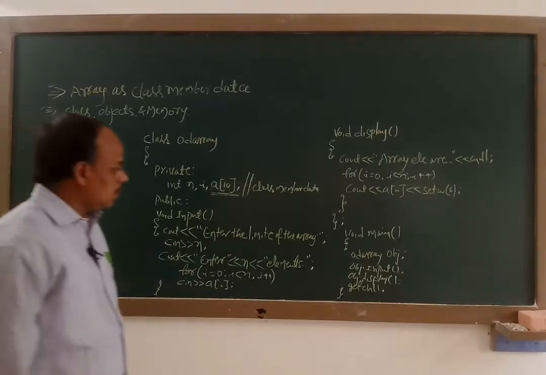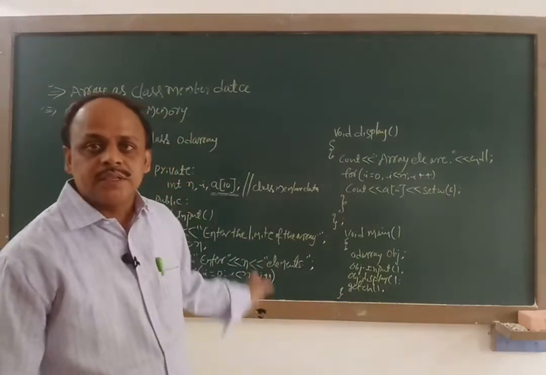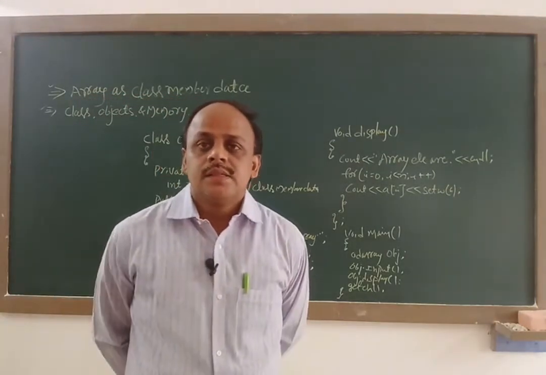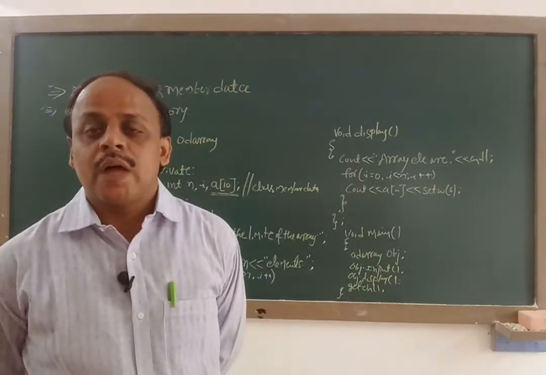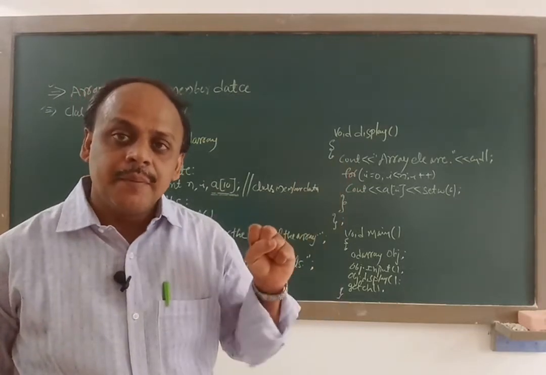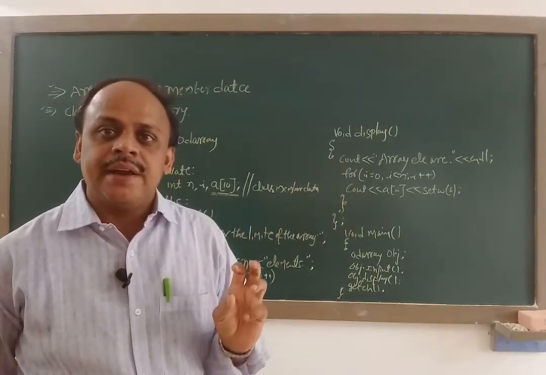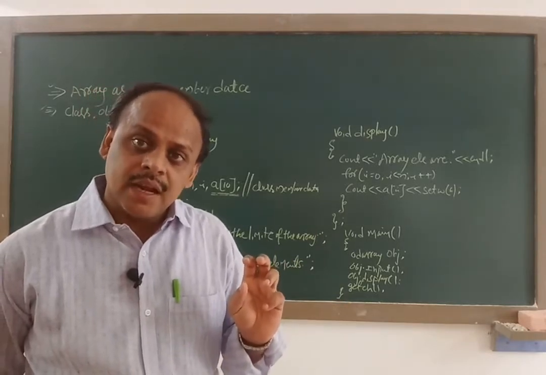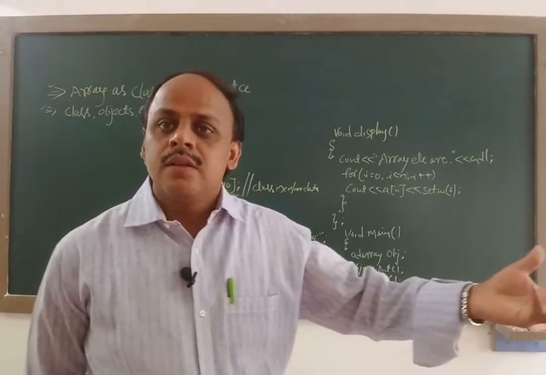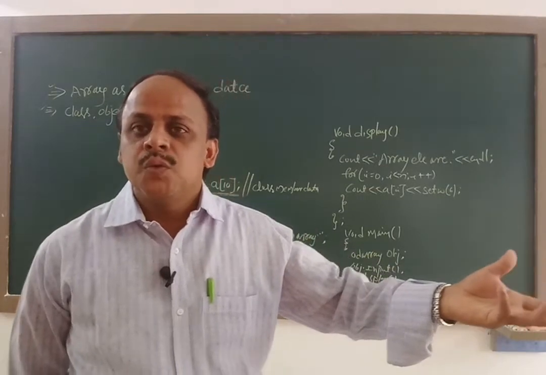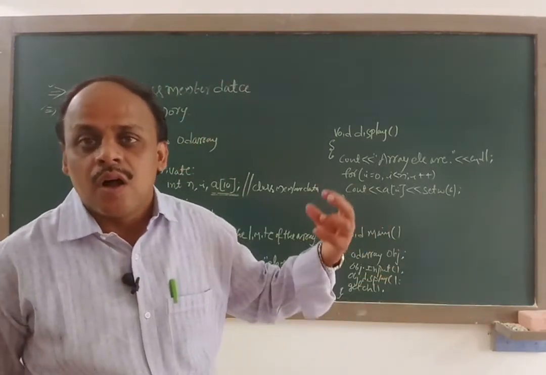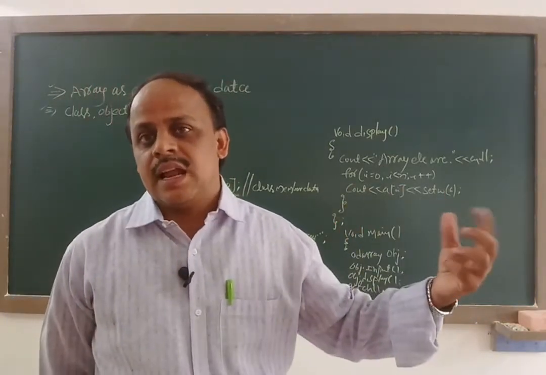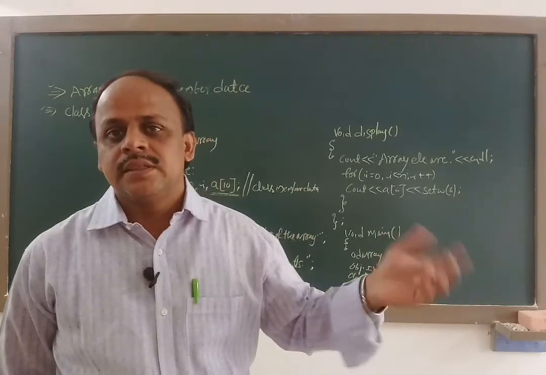So this is the C++ program to accept n elements into the one dimensional array, and display n elements from the same one dimensional array using the concept of class and object, right?